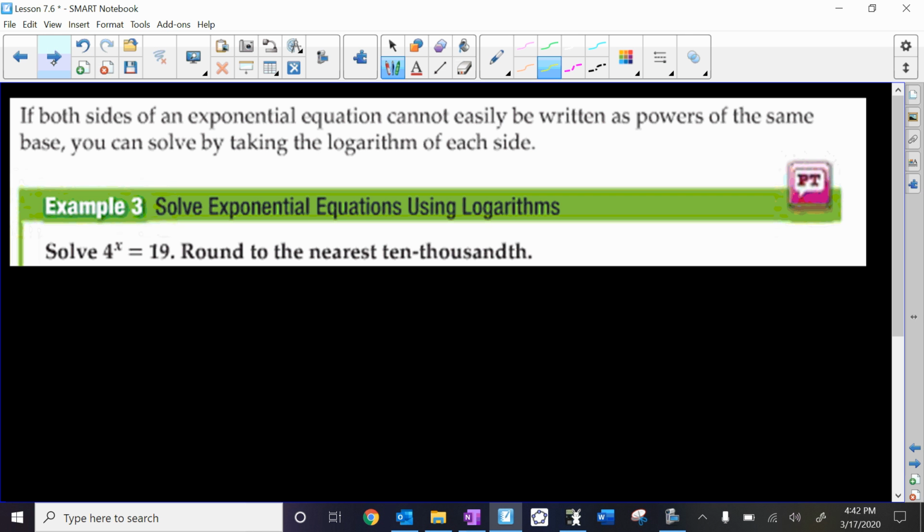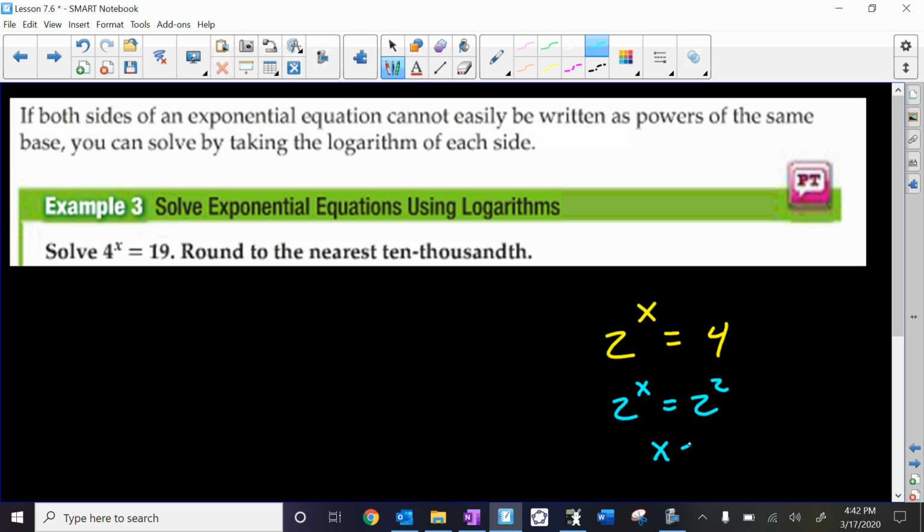Probably the most important part of using common logarithms is to solve problems that look like this. 4 to the x equals 19. Most of the time what we have done is scenarios that might have looked like this. 2 to the x equals 4. Where we were able to say, I want to change this and make it 2 to the x equals 2 squared.